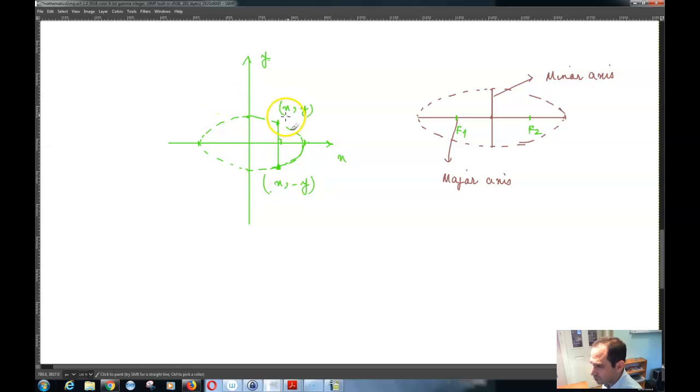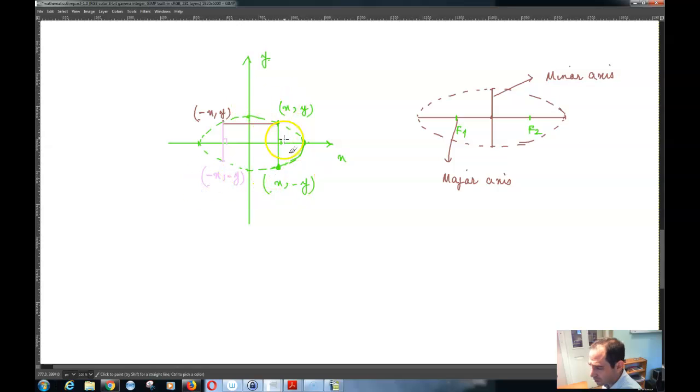If you have this point over here, x comma y, you will find some point over here exactly on the ellipse, which is basically negative x comma y. If you have this point over here, negative x comma y, you will find another point over here on the ellipse, which has the coordinates negative x comma negative y.